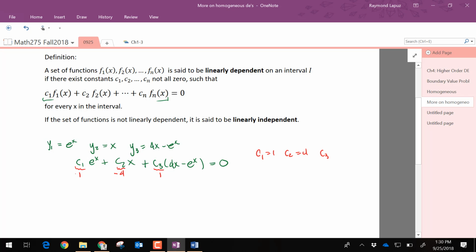Negative 4. So our conclusion here, we found C1, C2, and C3 that's not all equal to 0. So our conclusion here is that y1, y2, and y3 are linearly dependent.